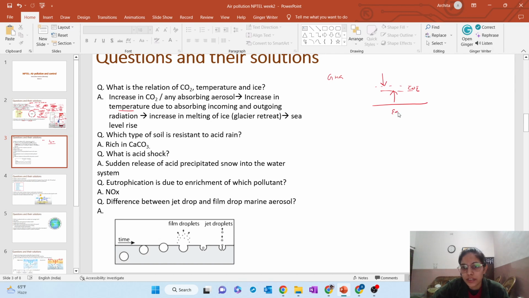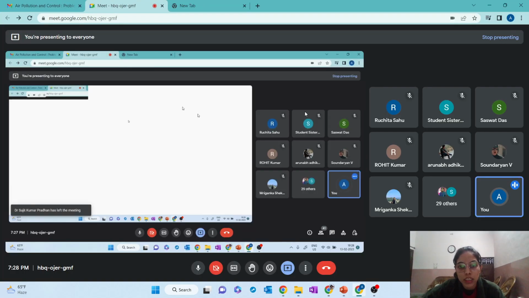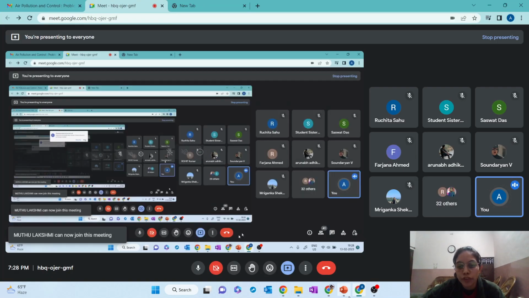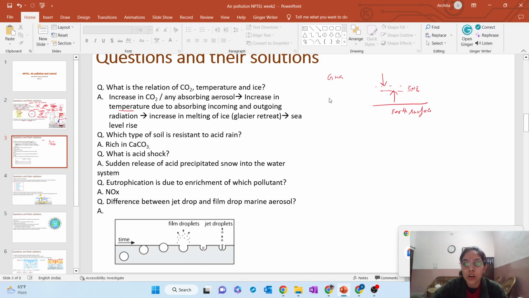Let's say this is the earth surface. There is an inflow of radiation from the sun, and there is an outflow of radiation, right? Now what this CO2 does is that when the infrared radiation is going back out of the earth, it traps it. This CO2 traps this outgoing infrared radiation, and hence increases the temperature.